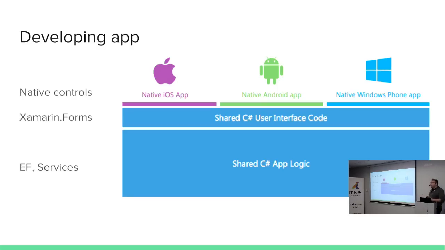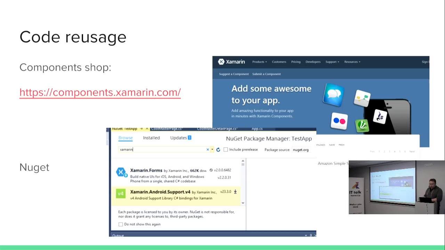If we talk about independent mobile applications, you will have the same but without that layer. You don't have shared libraries. You will have the UI, and you will have the application logic or backend, call it whatever you like. But with Xamarin, you will have shared code which you can share across different projects. And there are many ways to do that. I will explain it a little bit later.